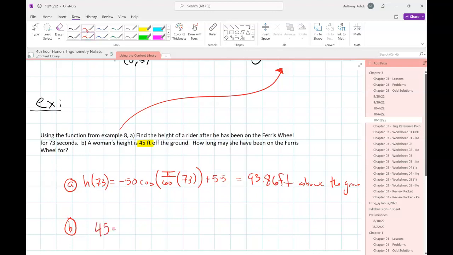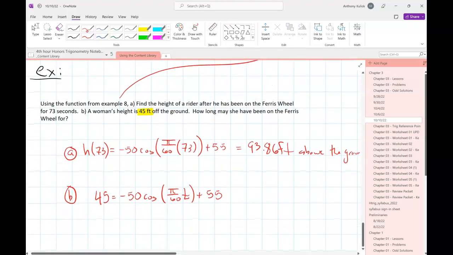Great, that'll go in for my h of t. And now I just need to solve for t, right? What's the first thing I should do? To get that term by itself, subtract 55. Great.